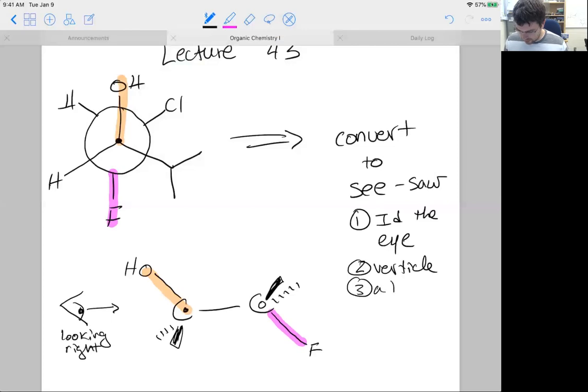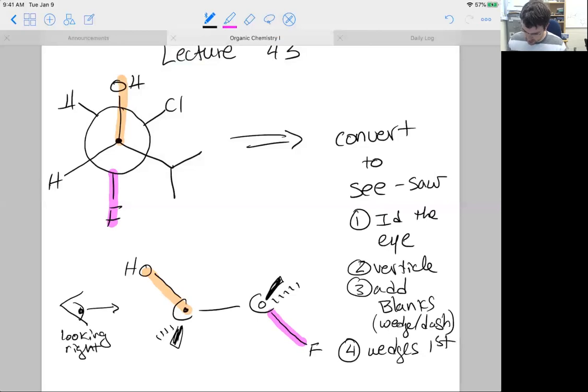I've kind of done step 3, but then we add the blanks, which are going to be wedges and dashes. So we add our wedges and dashes, and we do wedges first. If we look right, the wedges are on the right. Recall that the Newman projection has a right side and a left side.